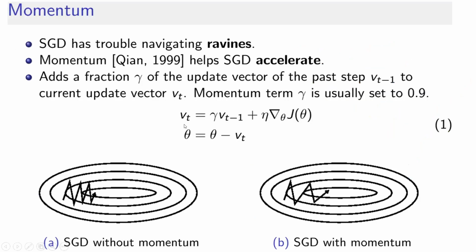The first one is called momentum. So this is a very important approach. It says, okay, let's say that we started at this point, and then we moved to that point, and based on the gradient, we moved to the new point, and so on.